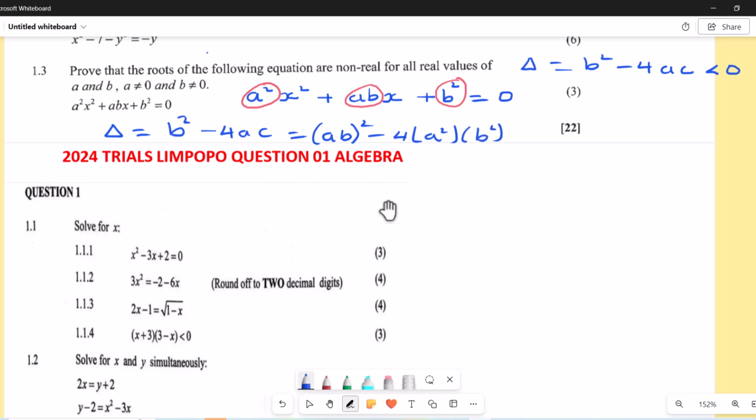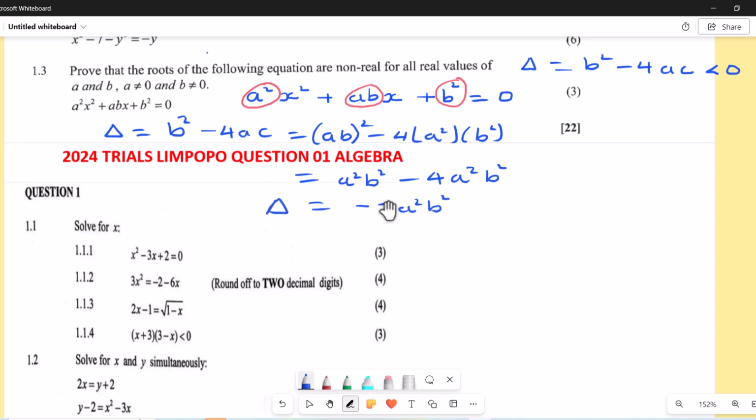Now when I square ab, I'm going to get a squared b squared, then minus 4a squared b squared. As you can see, guys, these are like terms which give us negative 3a squared b squared. That's our discriminant here.